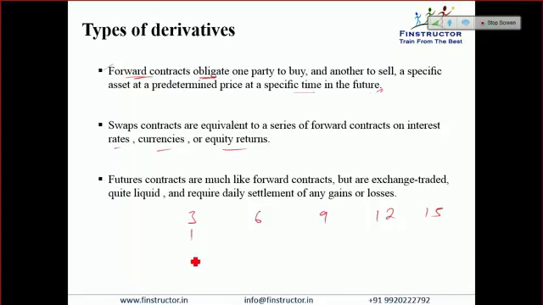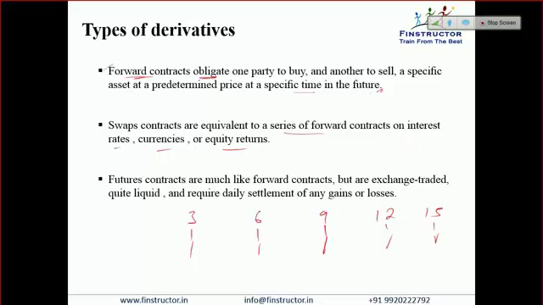Every 3 months a payment will be exchanged between the two counterparties. That's like a swap contract. So the two counterparties swap payments every 6 months or every quarter or every year. Again, we'll study in more detail on the specific topic, but swap contracts are like a series of forward contracts.